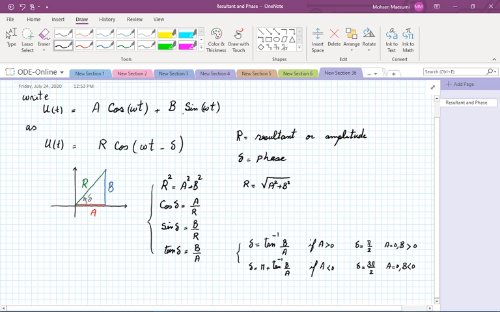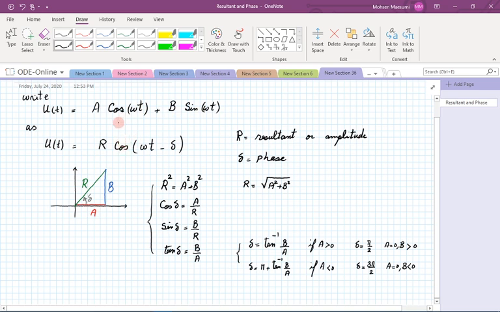For example, when you do electrical circuits, they use a baseline. The baseline maybe is the voltage, or maybe it's the current. They try to measure everything with respect to just one line. That implies that you want to write your trig expression with just one function.